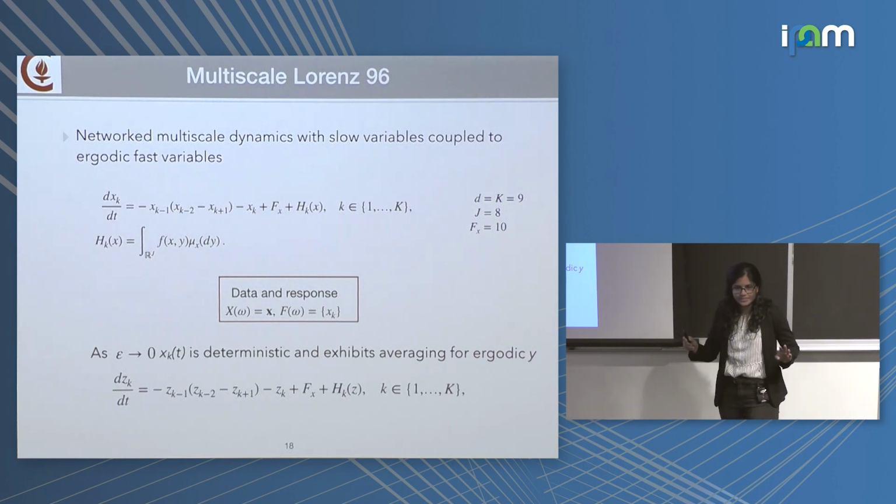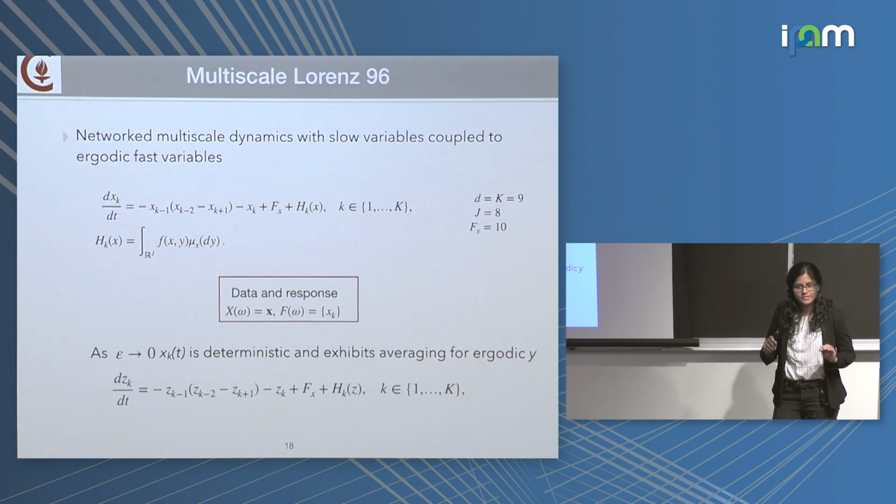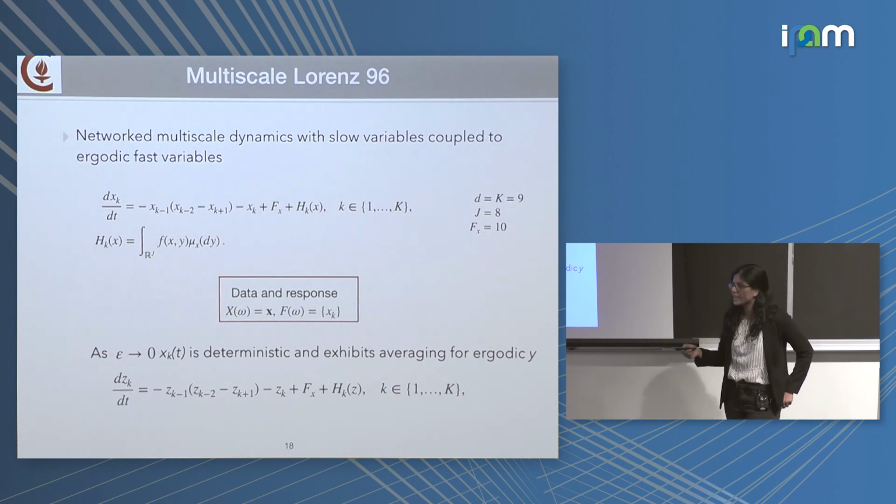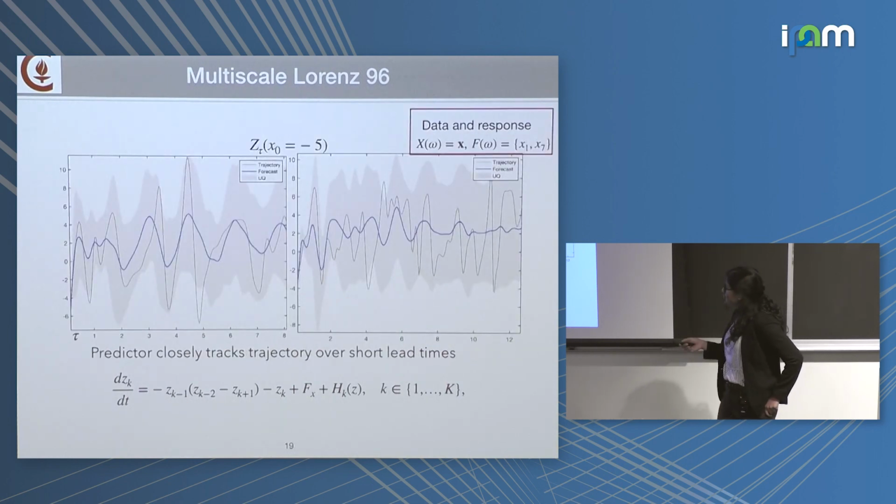So in this case, the conditional expectation disappears, and you should see that the trajectory and the forecast should track closely and are approximately deterministic. So here we have 2 different trajectories, one of the x1 variable and one of the x7 variable. And you can see that the predictor actually does not just converge to the middle like the previous system.